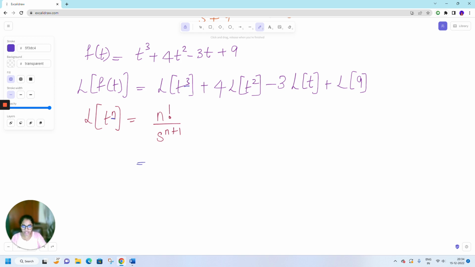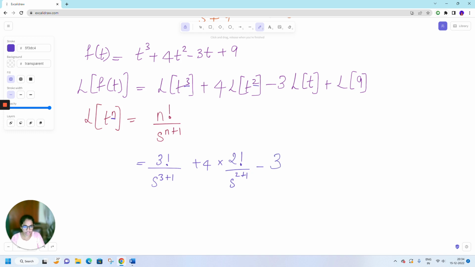I have 3. Let me substitute in the formula. I'll get 3 factorial divided by s to the power 3 plus 1, plus 4 is a constant into the same thing. In place of n I have 2. So that would be 2 factorial divided by s to the power 2 plus 1.